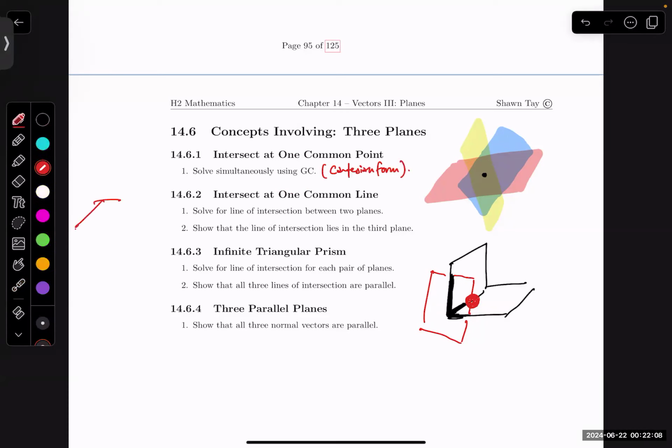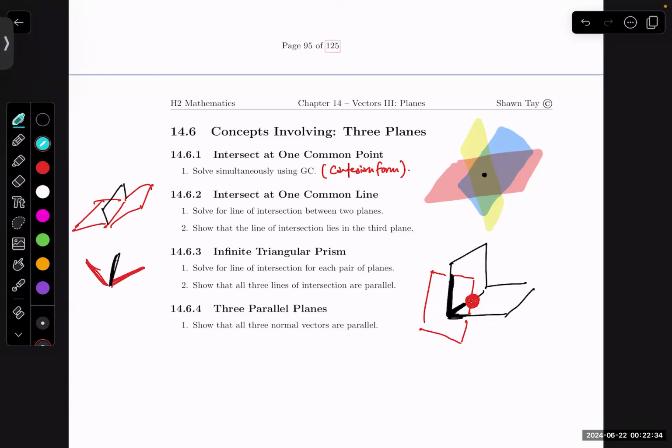Imagine you open a book. Then you flip up a page. Then you have it like this, right? From the side view, it is like this, like this, like this.